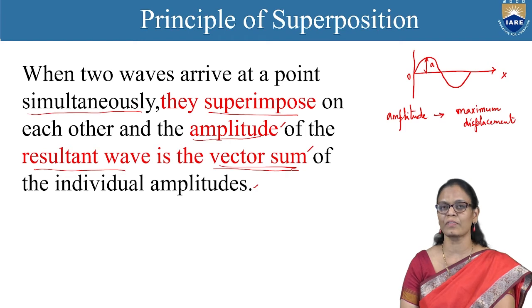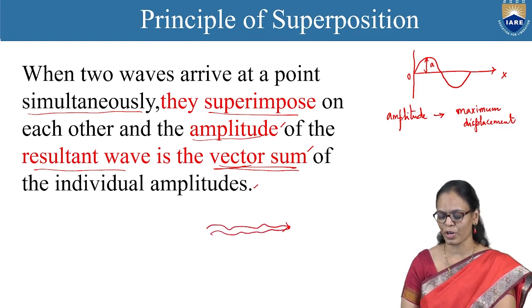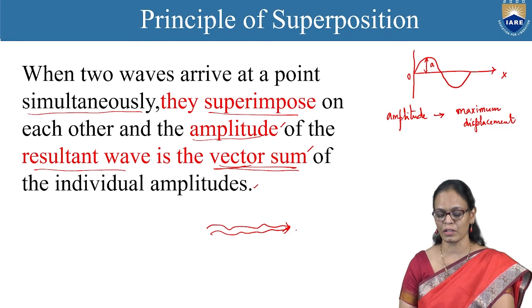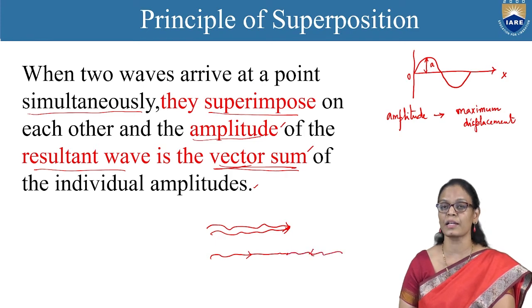Why do we have to take the vector sum? Because when we talk about vector sum, we also consider the direction in which the waves are reaching. Suppose I have a point P here. So there are two waves that are coming and reaching at this point in the same direction. Or in another case, this is coming in this direction and the other one is coming in this direction.